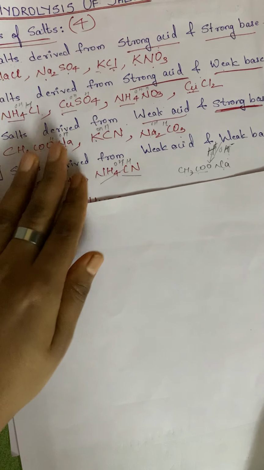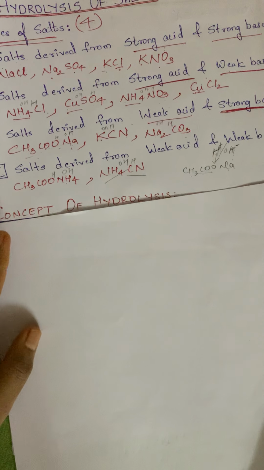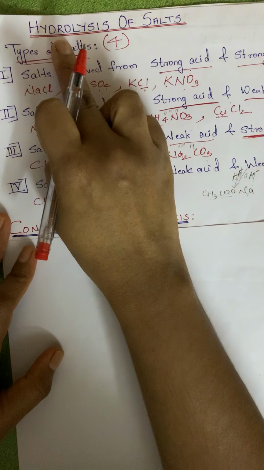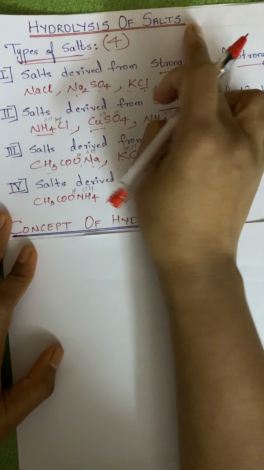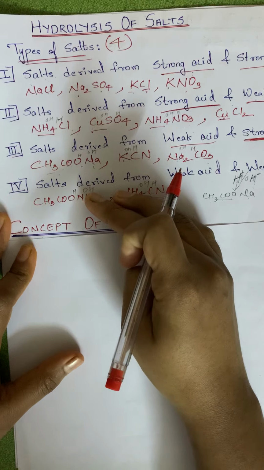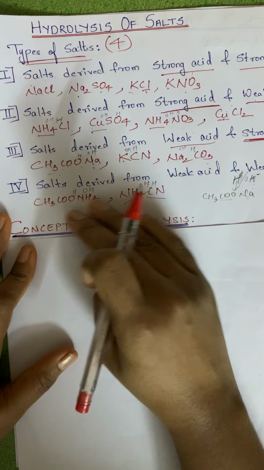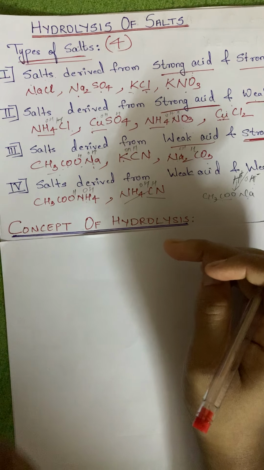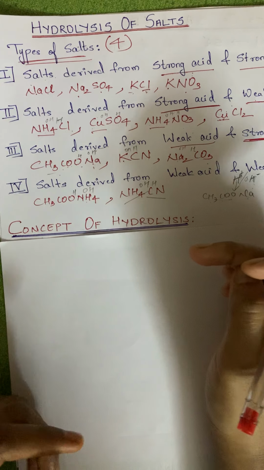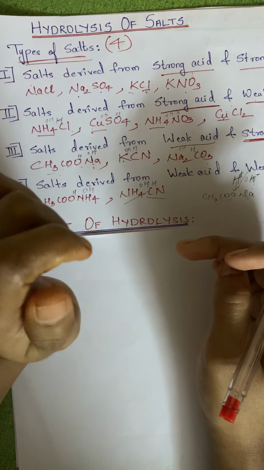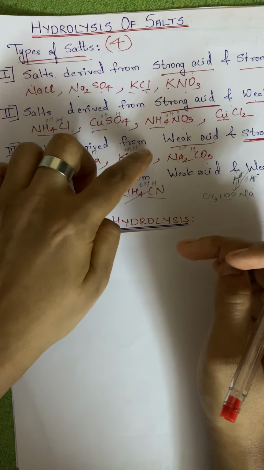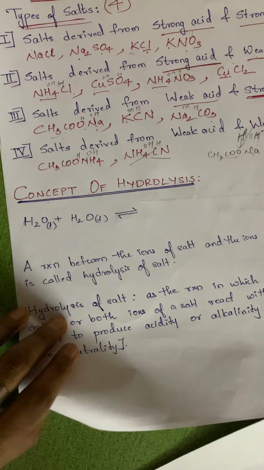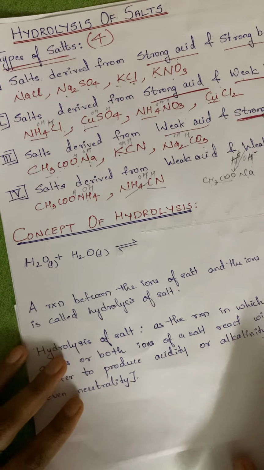If that is understood, next we'll go to the concept of hydrolysis. Remember, we have to learn hydrolysis of salts. We now know the types of salts. Next we'll learn what hydrolysis is, and afterwards we'll learn the hydrolysis of each type. So first, the concept of hydrolysis.